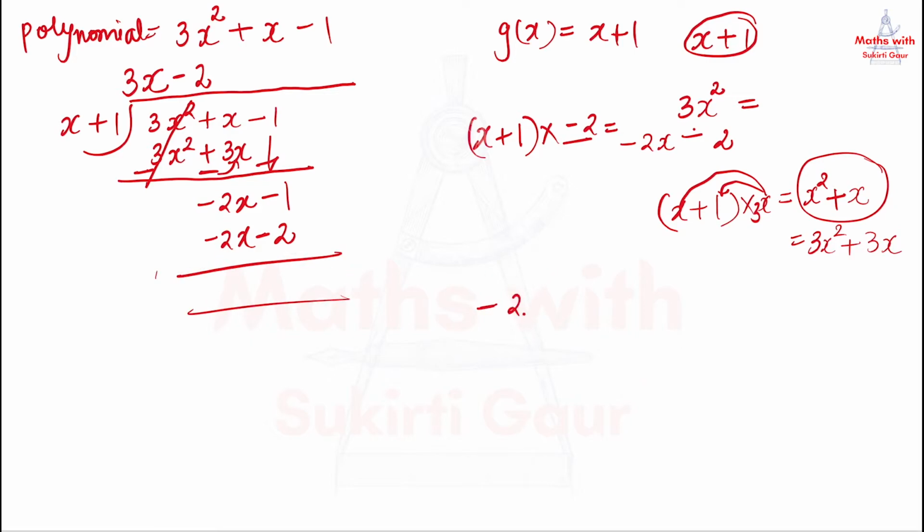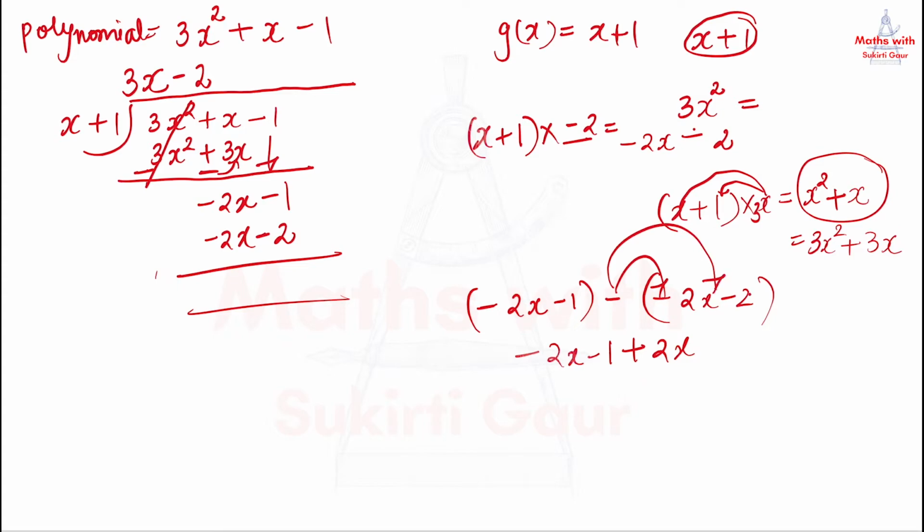So see here, minus 2x minus 1. We are going to subtract minus 2x minus 2. What will it become? Minus 2x minus 1. Minus into minus will give us plus 2x. And minus into minus again it will give us plus 2. So I can see the sign got reversed.